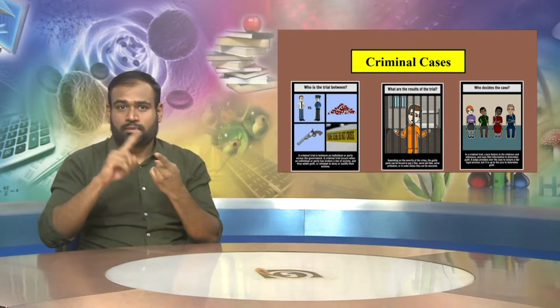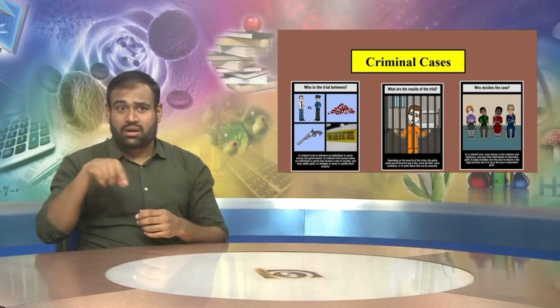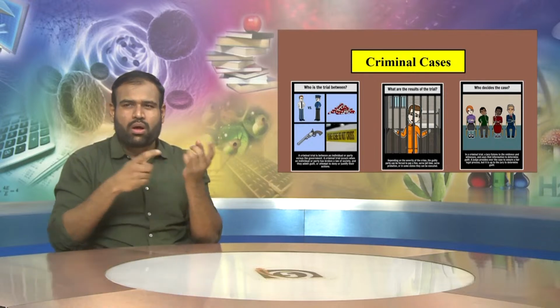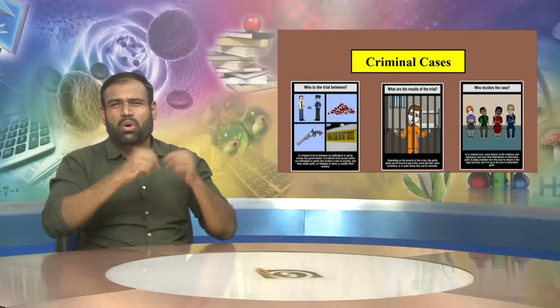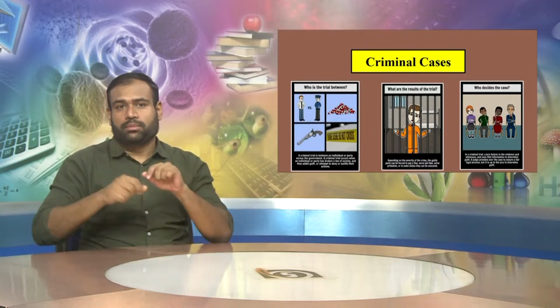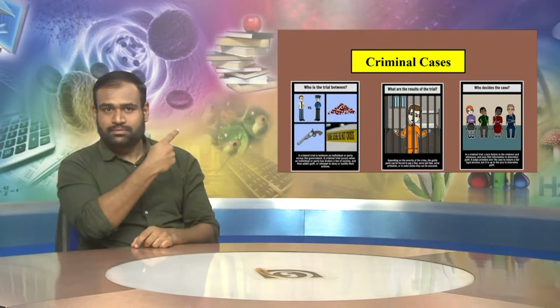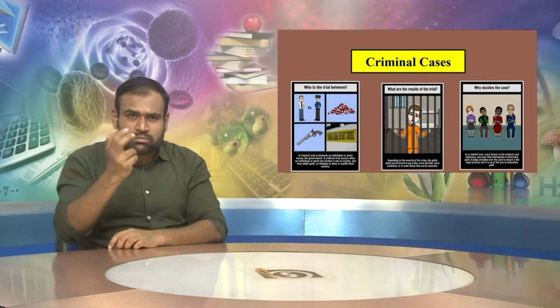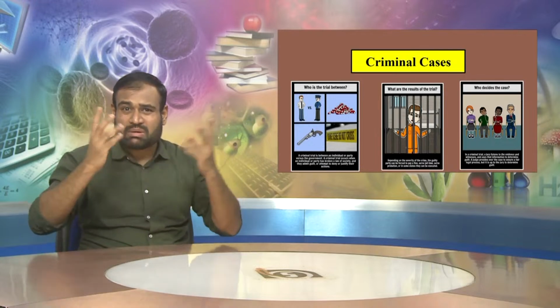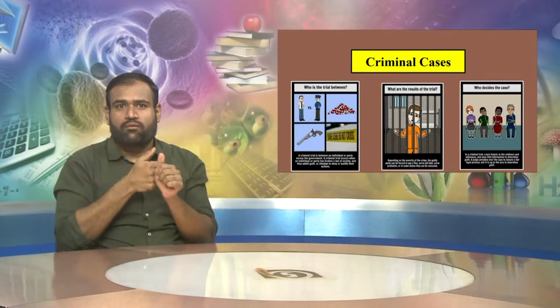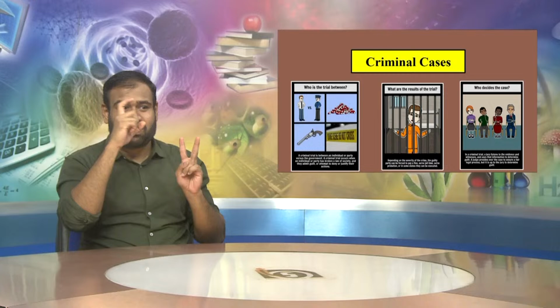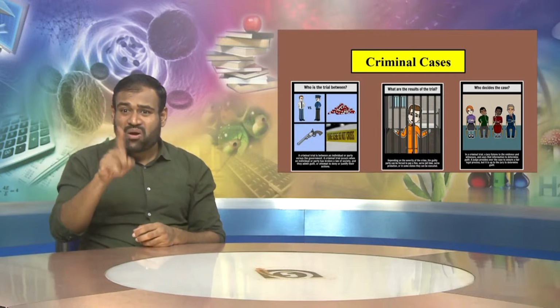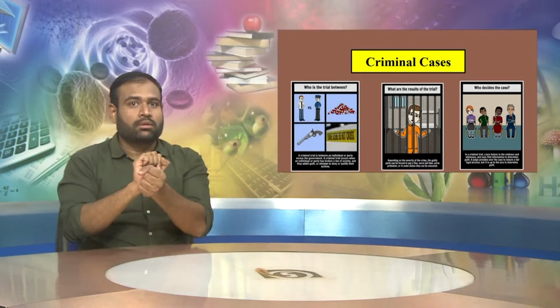In this slide, you can see criminal cases. A criminal trial is between an individual or a party versus the government. Criminal trials occur when an individual or party has broken a law of society and they admit guilt or attempt to deny or justify their actions.